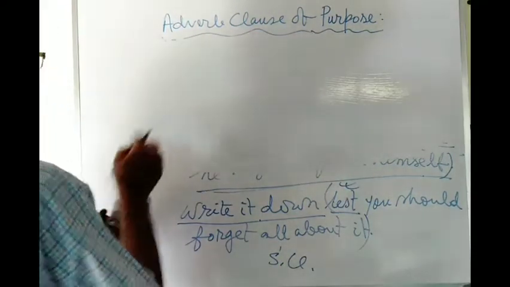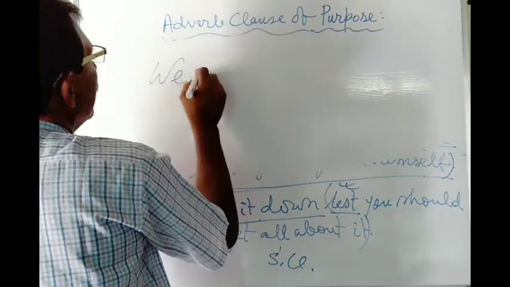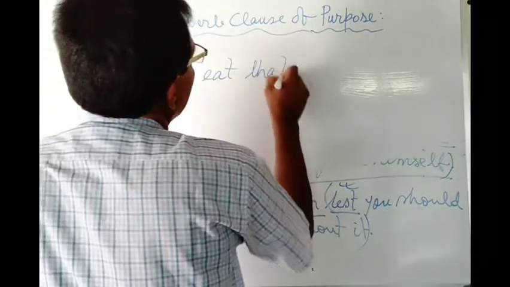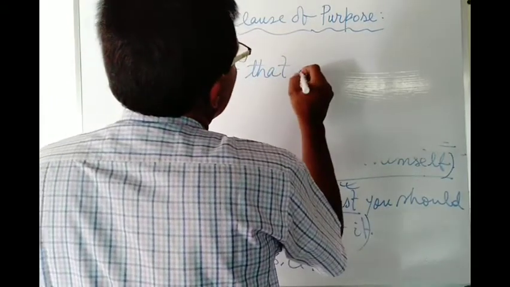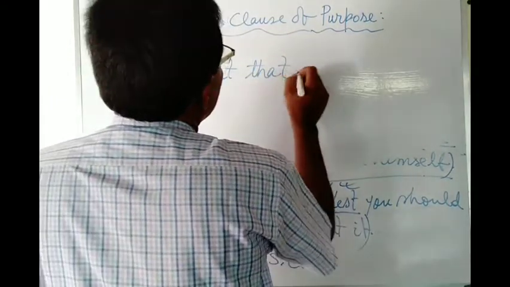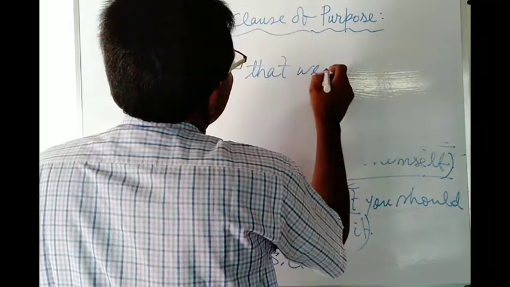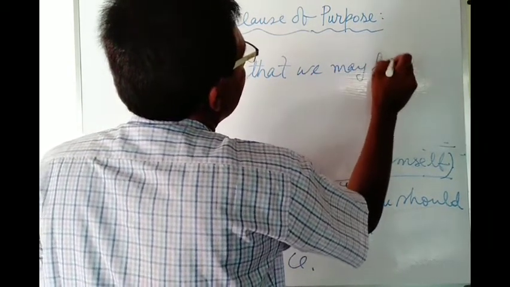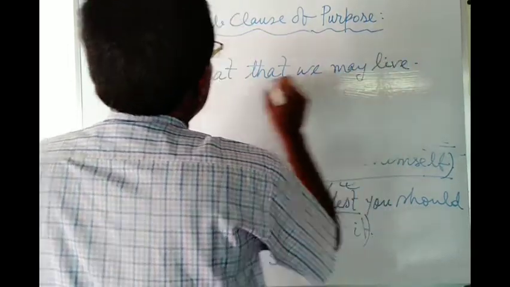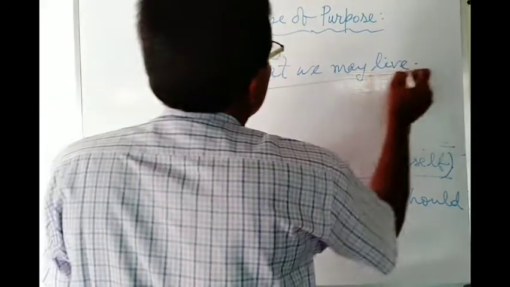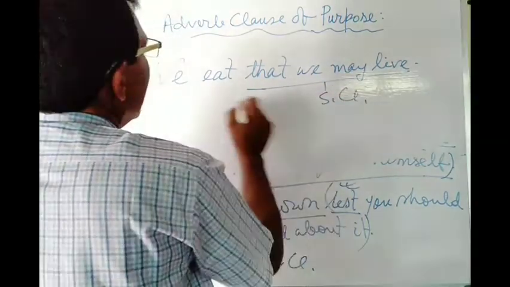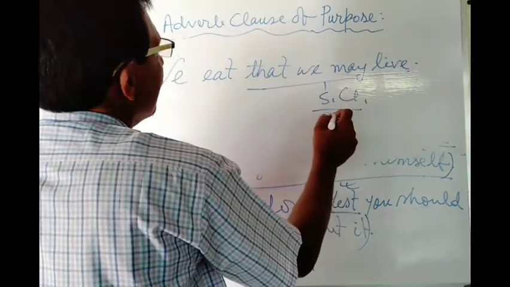In another example, suppose we eat that, or in order that, we may live. We eat that we may live. Here, that we may live, this is the subordinating clause. This subordinating clause is used as the purpose.